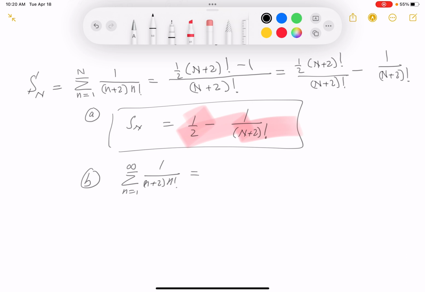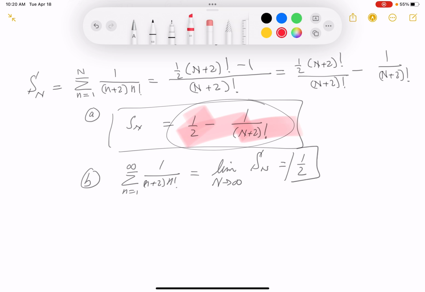Well, this is going to be equal to the limit as big N goes toward infinity of Sn. Let's look at that. What do I notice? The first term's always 1/2. That second term disappears quite quickly. So it's 1/2. I look at the key, and they arrived at that. And we're done. We'll go on to the next question.